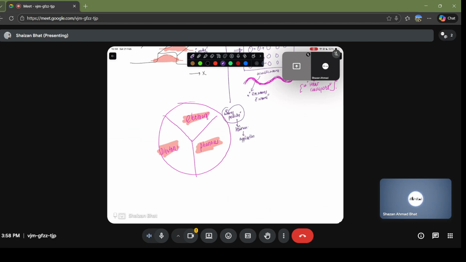Okay, certain electronic applications, optical applications, commercial applications. So that's basically my research field.